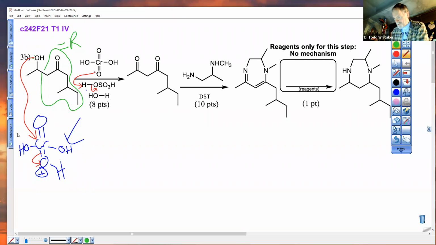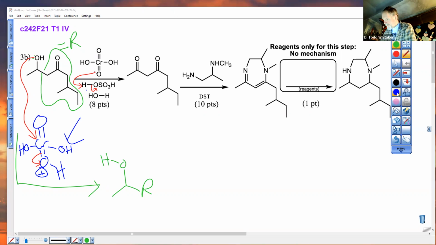That's going to lead to an R attached to an oxonium, and we have a chromium. Chromium has 3 OHs, 2 OHs, 3 OHs, and a double bond to O and a plus charge on an oxonium.